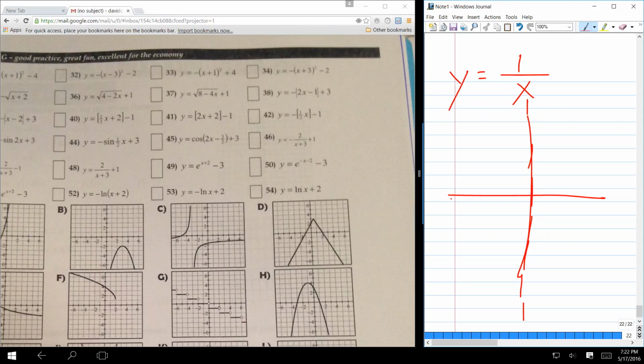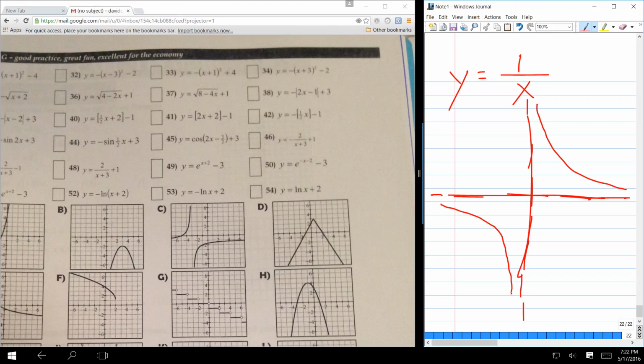Okay, where's the horizontal asymptote? 0. Okay, so that's the first thing we're going to do whenever we graph any hyperbolic function, is to lay out the grid. Now in this one, I happen to know that that's what it looks like. It's asymptotic to both asymptotes.